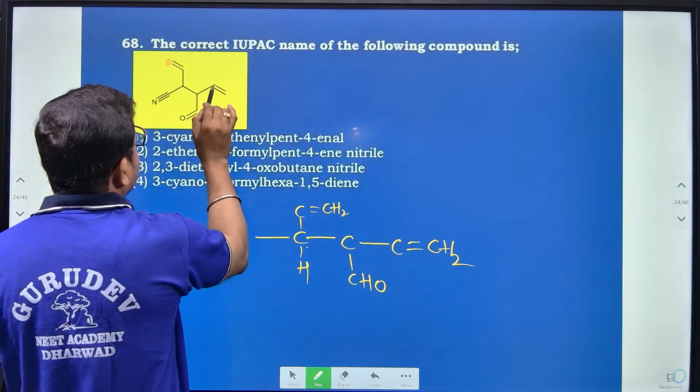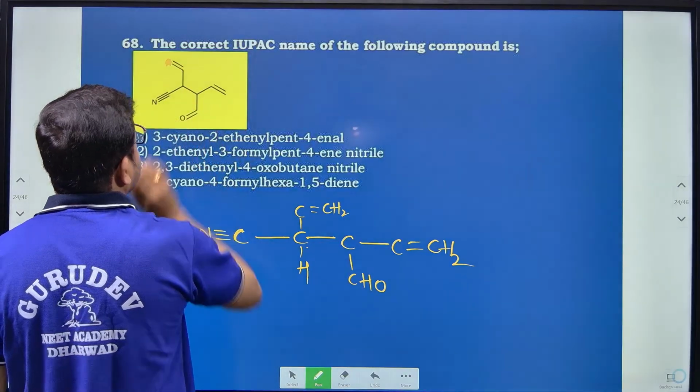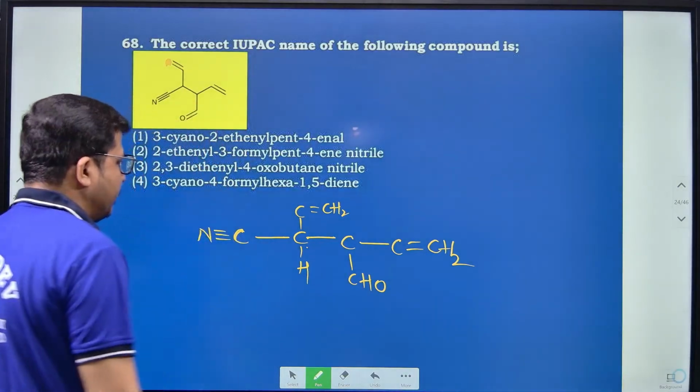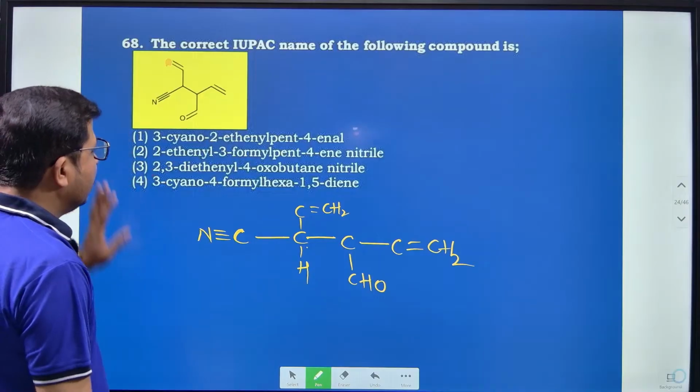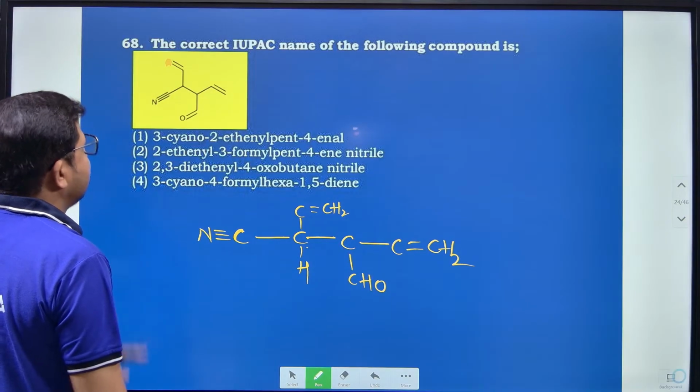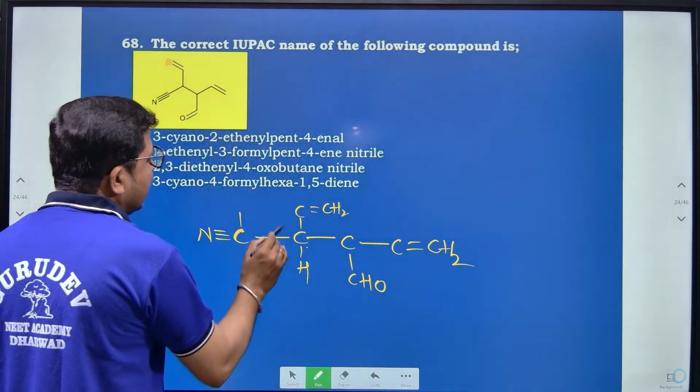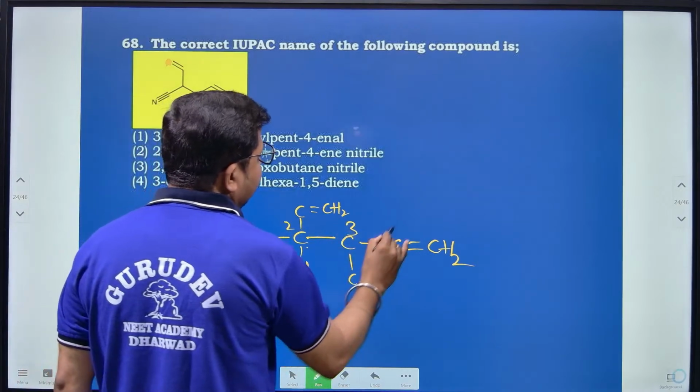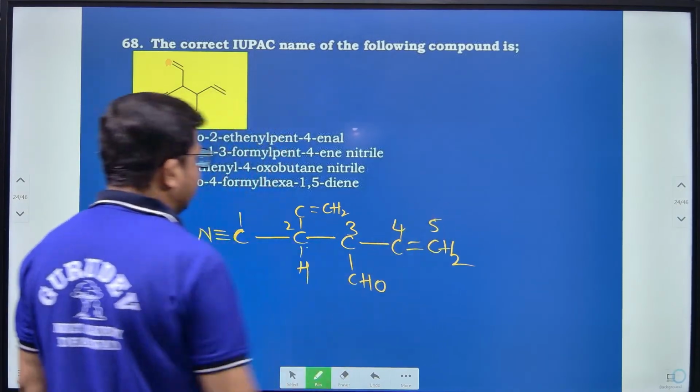So 1, 2, 3, 4, 5, 5, right? Next, now I will start to number this one. So 1, then 2, then 3, then 4, then 5.